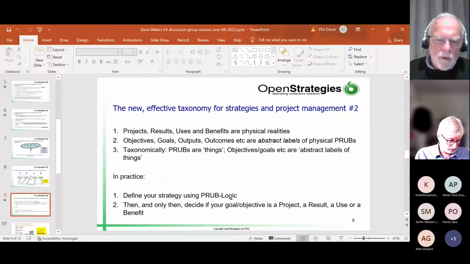So what we recommend is people using PRUB sequence define their strategy using PRUB-Logic, and then decide if your project result or use or benefit is a goal or an objective. So you've got to have the PRUBs first before you can start using words like goal and objective.